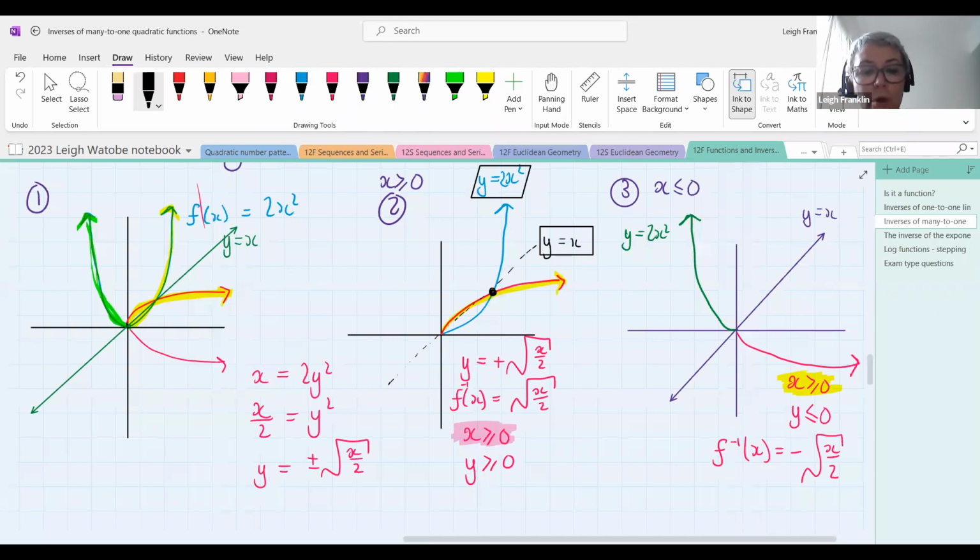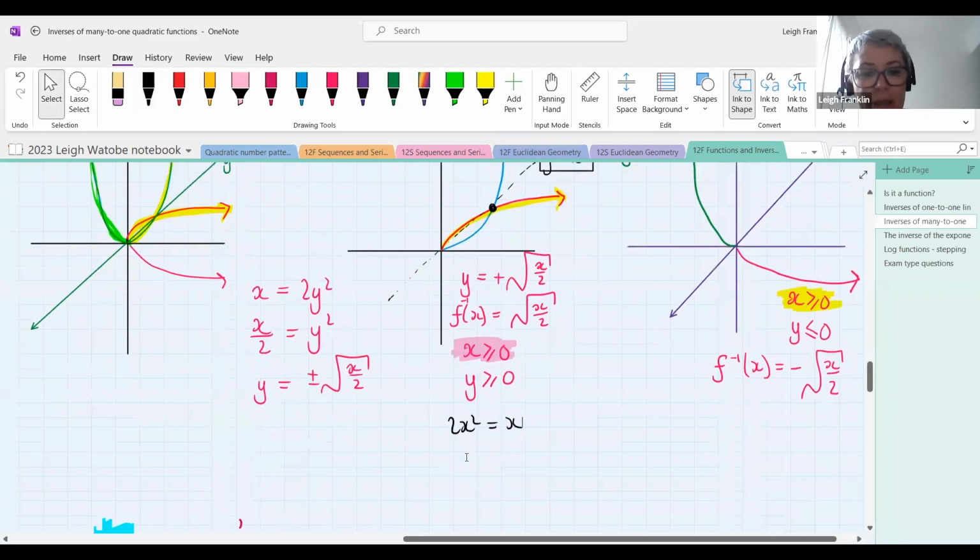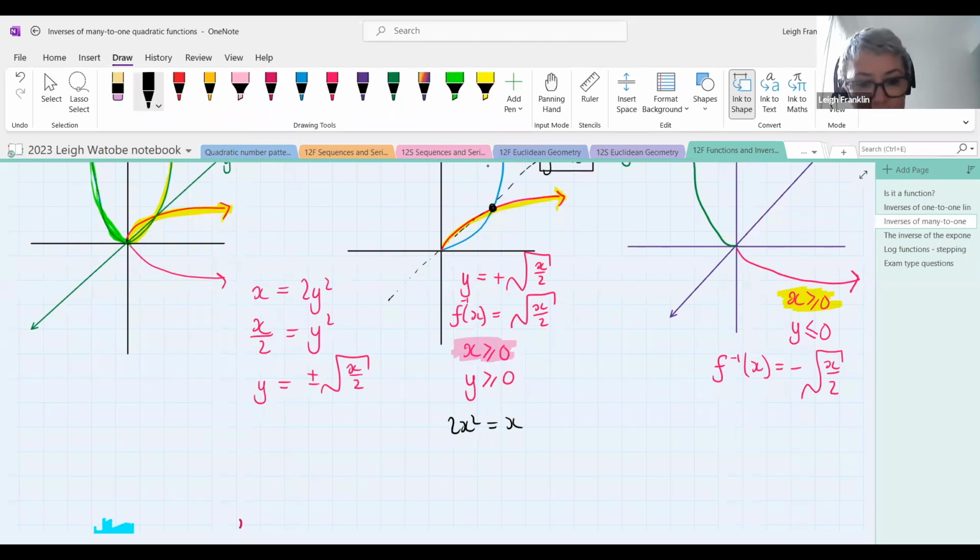So for example, what I could do here is say, if y equals 2x squared and y equals x, then it means that 2x squared will be equal to x at that particular point. If I take x over to the other side, because this is quadratic, I'm going to end up with 2x squared minus x equals 0. I can now take x out as a highest common factor. That would leave me with x times (2x minus 1) equals 0.